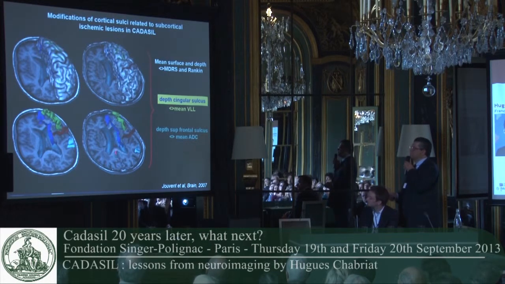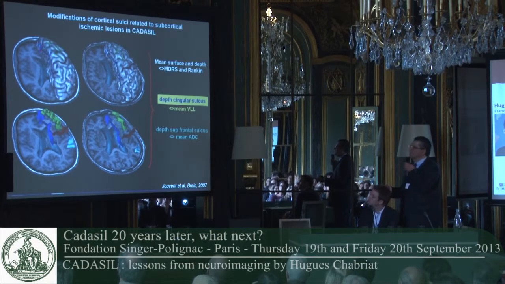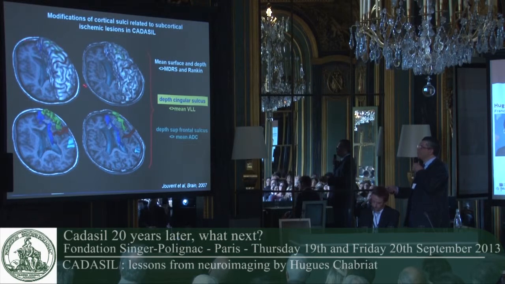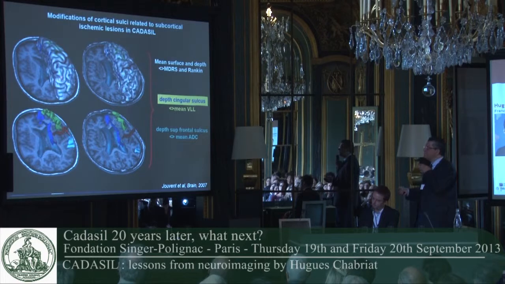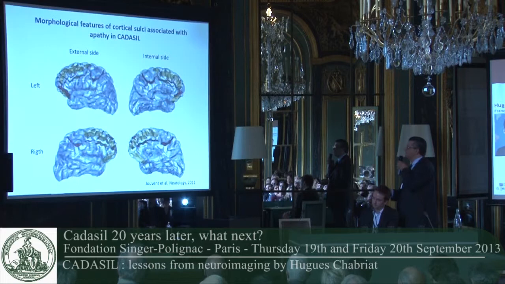For that, we used new techniques to obtain the morphological features of sulci in CADASIL patients. We showed that the morphology of the cortex was changing, and that these changes were strongly associated with the volume of lacunar infarctions observed at the subcortical level.